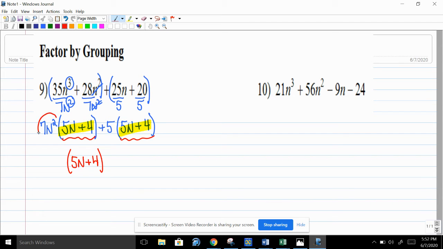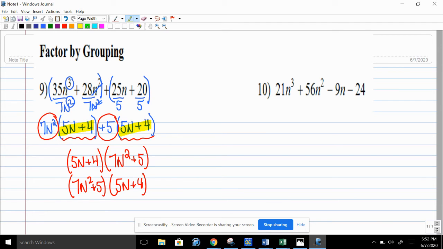And then the two things that got taken out, the 7n squared plus 5, that's going to make up the other group. Now again, remember you can write this in reverse. In a multiple choice or a matching scenario, this would probably be how they write the answer. So just be heads up for that.